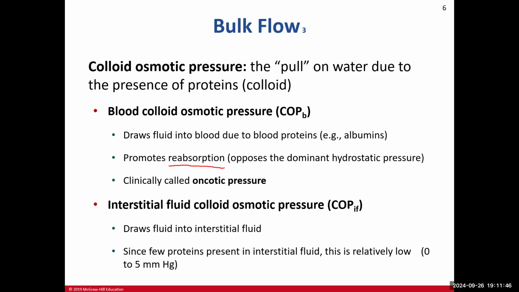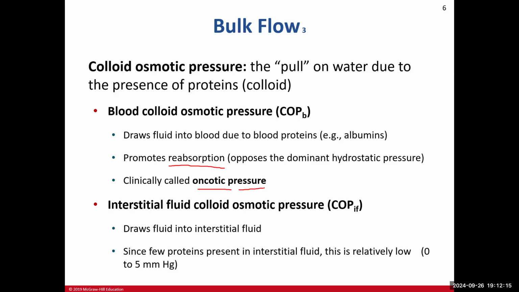The blood hydrostatic pressure is trying to push on the walls of the blood vessel and leave the capillary, and that's going outwards. Meanwhile, your blood colloid osmotic pressure is pulling, trying to keep that water in the blood vessel. Just to let you know, when I was learning all this material, we referred to it as oncotic pressure, but we're seeing it referred to more as colloid osmotic pressure now.